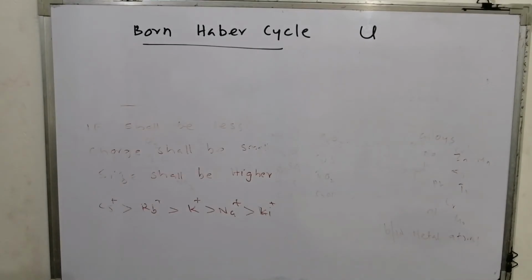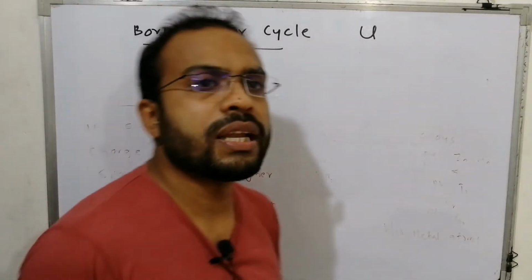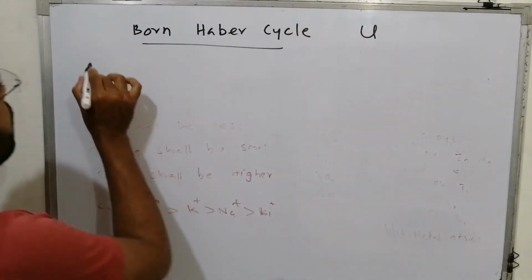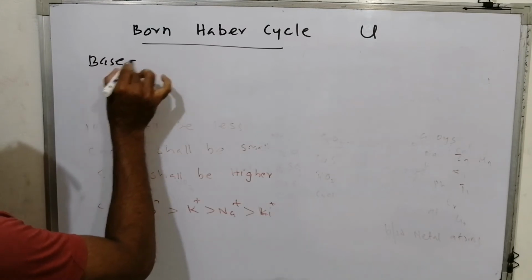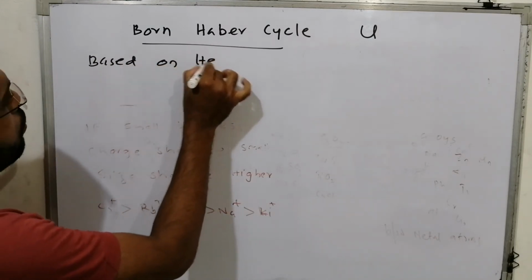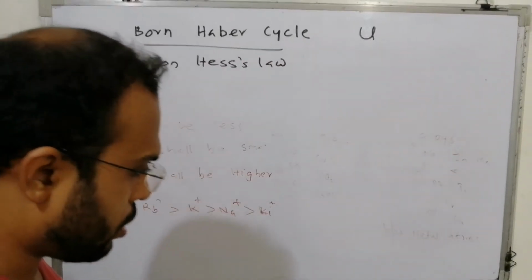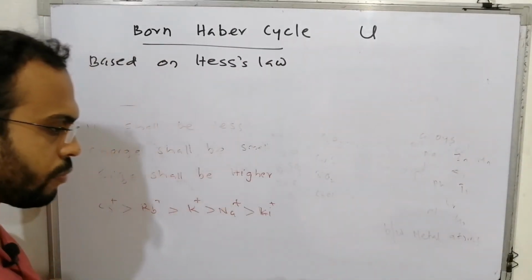Born-Haber cycle is used to calculate the lattice energy because we can't determine the lattice energies directly. This is based on Hess's law. We will discuss Hess's law in detail in thermodynamics.